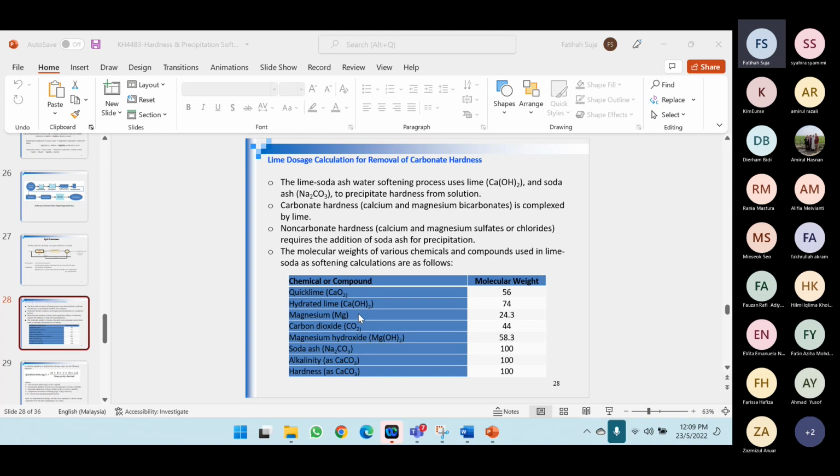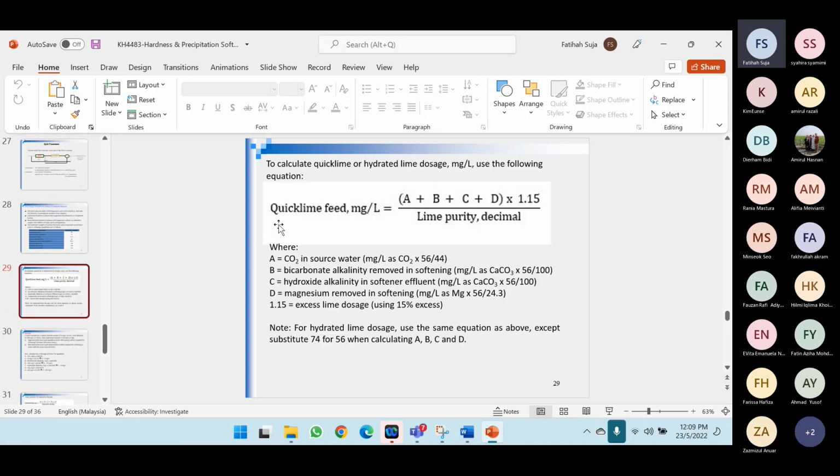I think if you can remember also the molecular weight for each element in the periodic table, you can also get the molecular weight of the chemical compound. So this is the example, how you calculate quick lime or hydrated lime dosage in milligram per liter for determining the amount of chemicals needed for removal of your water hardness.